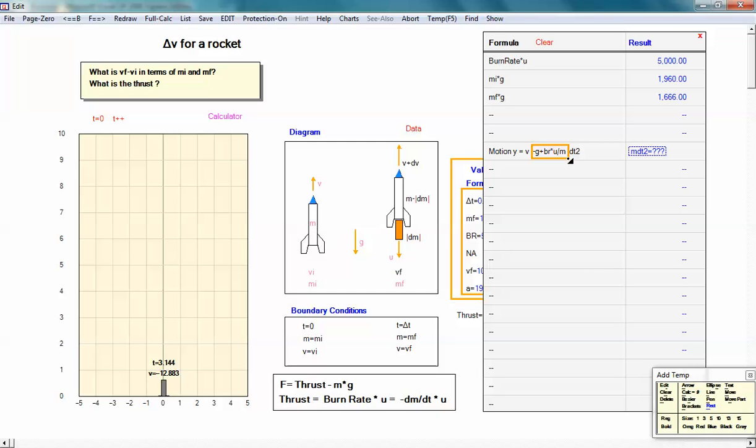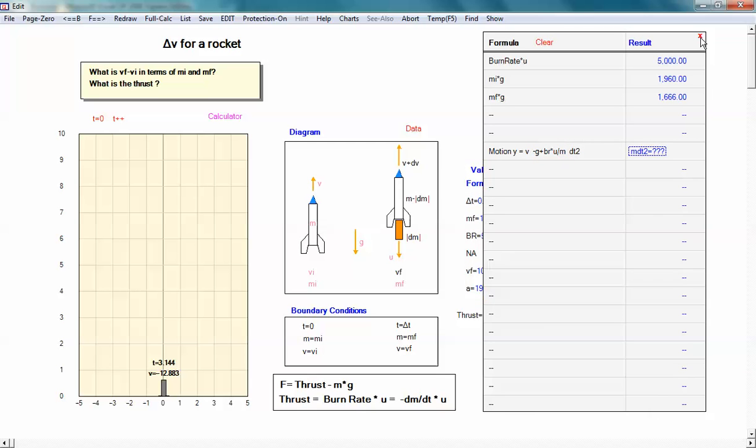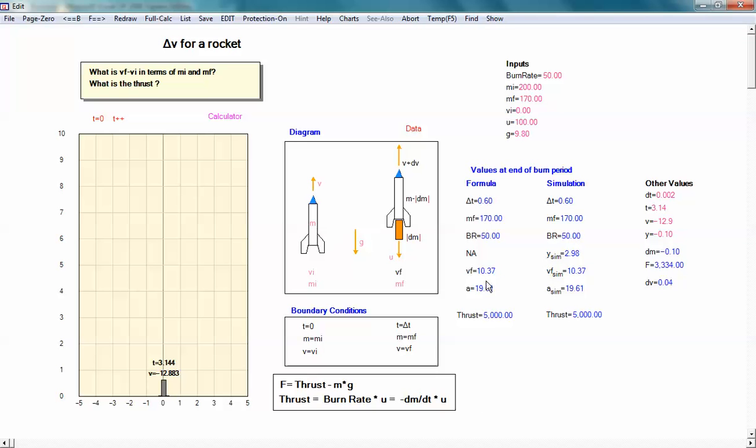So if you get the acceleration right, then the motion is going to be right, and you don't have to do all the additional calculations it takes to come up with the analytic solution. So you're fairly certain that your simulation is going to be right. And then, of course, you make the comparison with the formula. If they come out to be the same, then you're pretty comfortable that you've done things correctly.